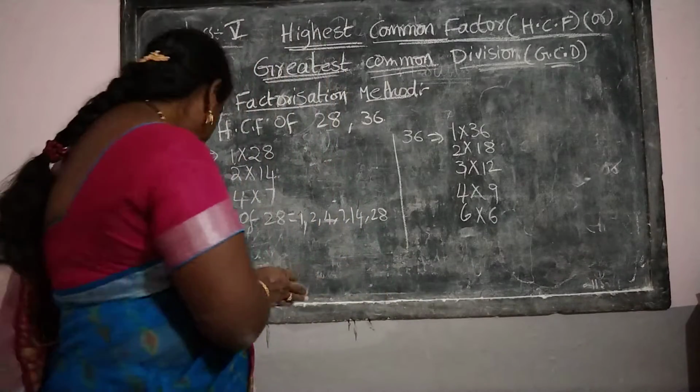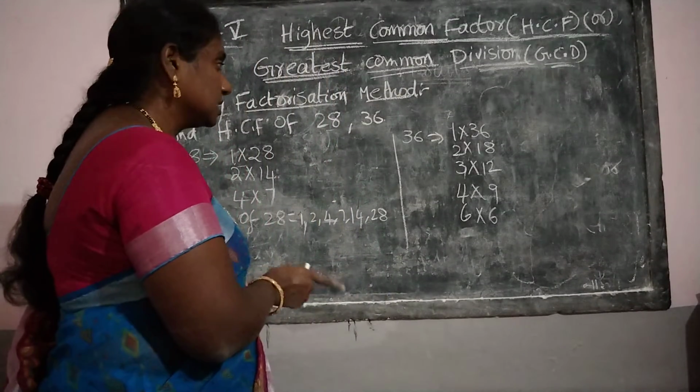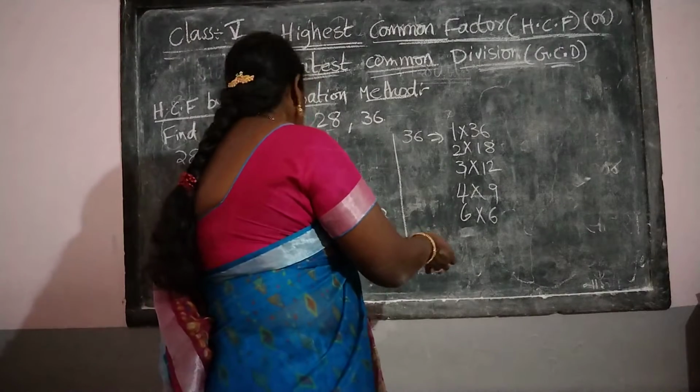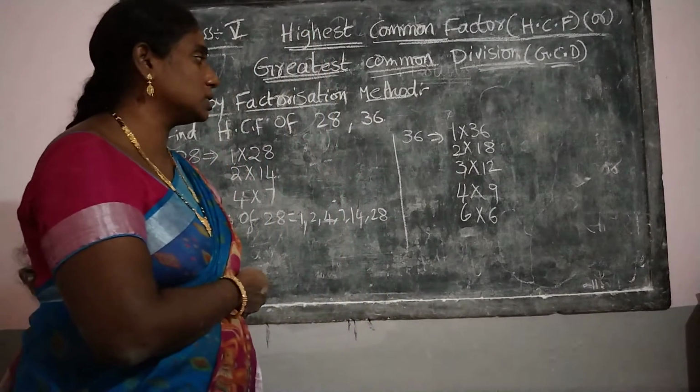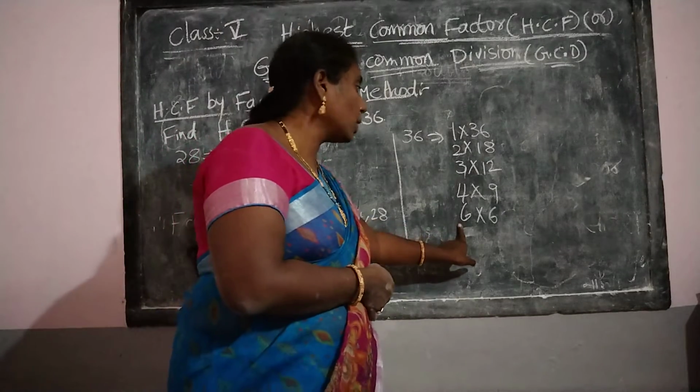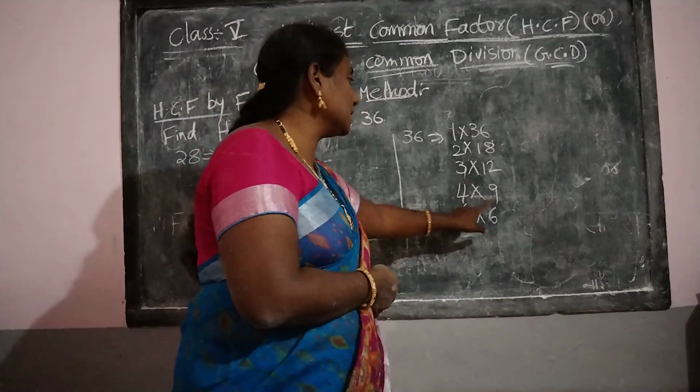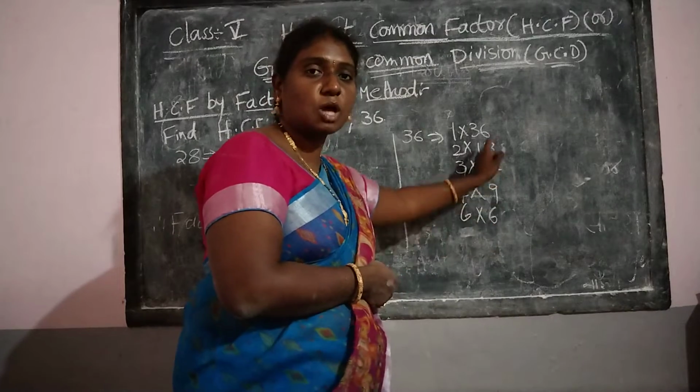6 sixes are 36. The remaining 7, 8 no, 9 is repeated already, so stop up to here.